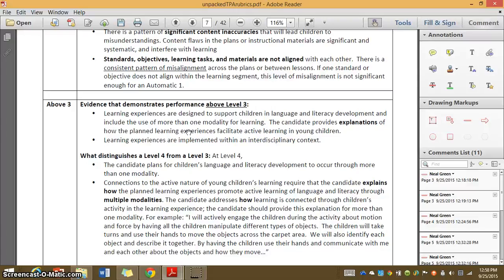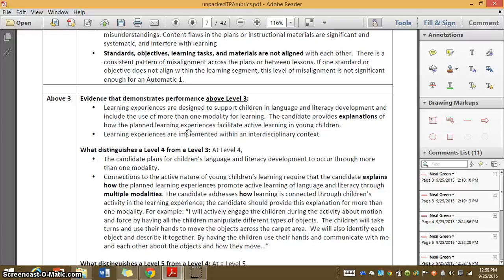But again, you want to start with the 3, and then look here above 3. This is where you want to be. You want to be at the 3 and then work for above it. Evidence that demonstrates performance above a level 3: you provide explanations of how the planned learning experiences facilitate active learning in young children. Learning experiences are interdisciplinary.